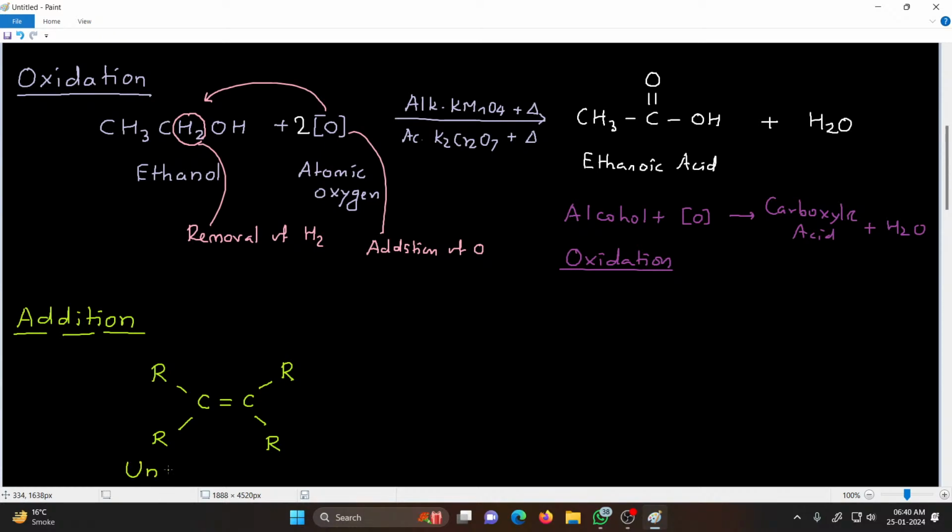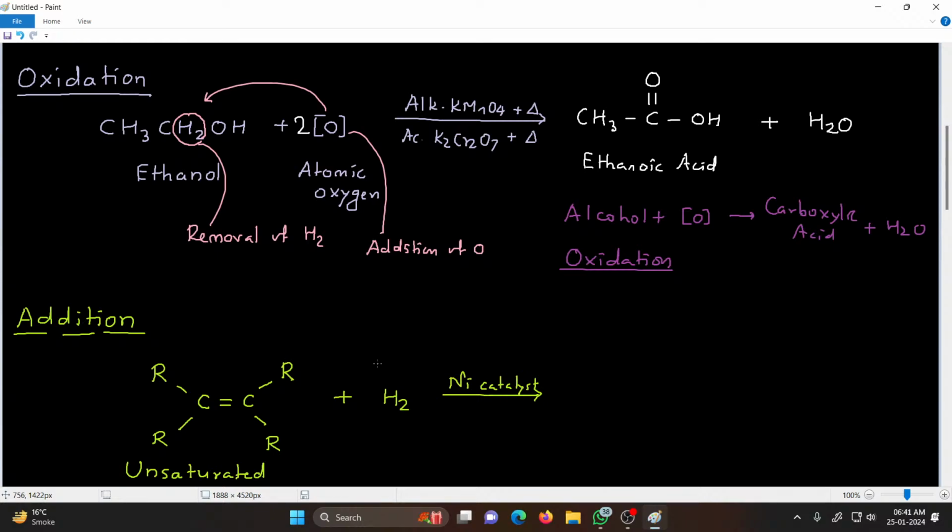R stands for any alkyl or other group. So what is added into this? Hydrogen can be added to this. Obviously some catalyst is needed here, and in this case nickel catalyst is there.